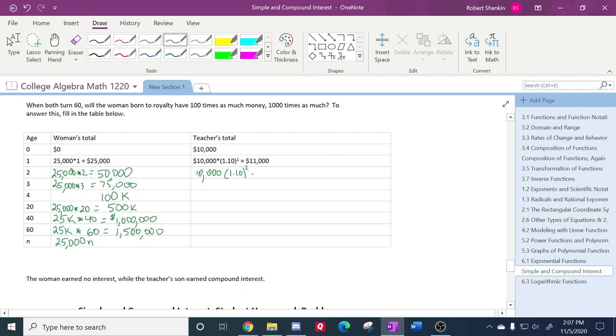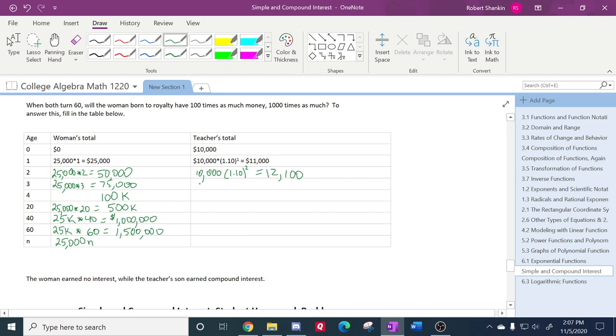That's exactly right. You could also start with this 11,000 and then multiply it by one more 1.10. But it's the same as this. And when you do that, you're going to wind up getting $12,100. Make sure that you can punch these things out in your calculator. Do at least one of these.